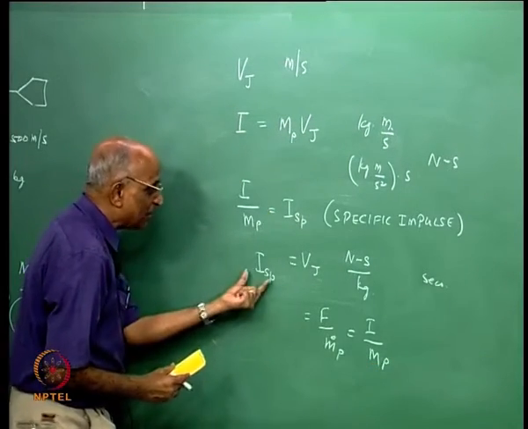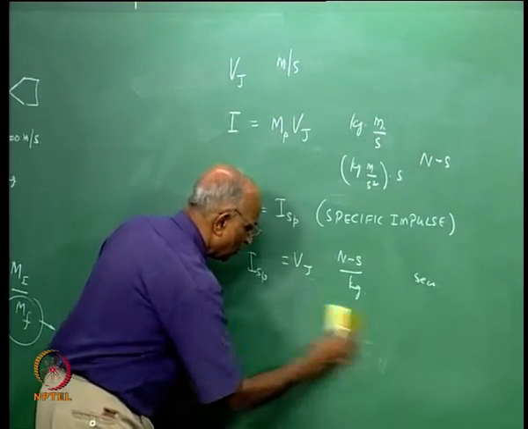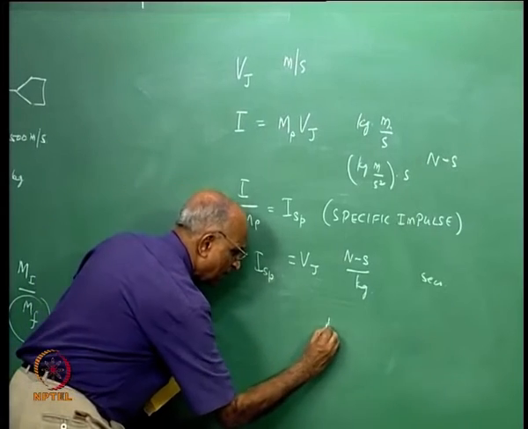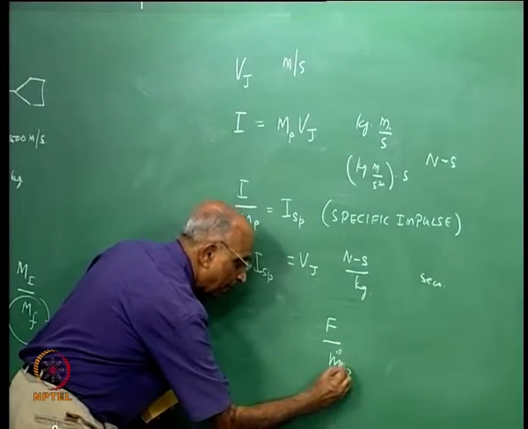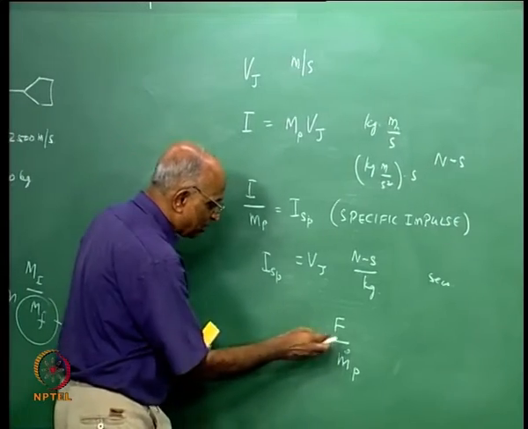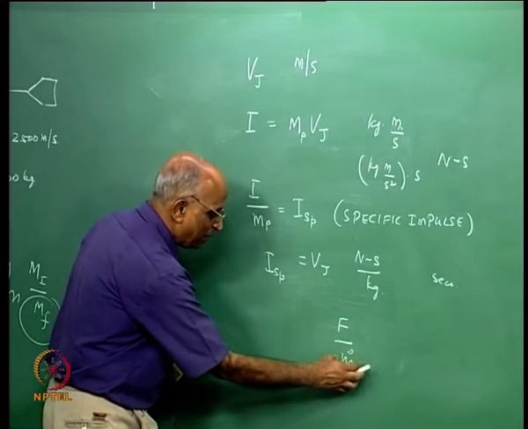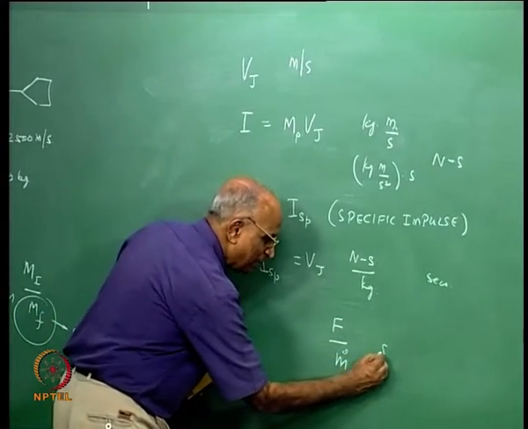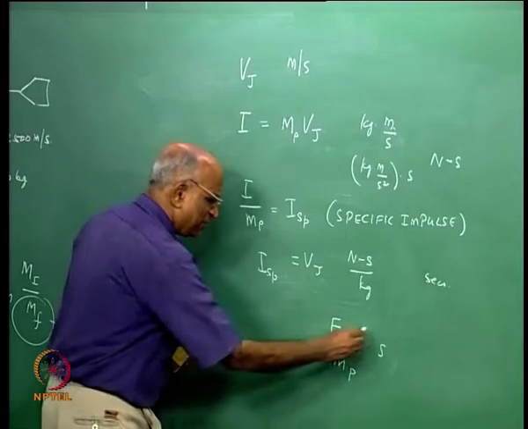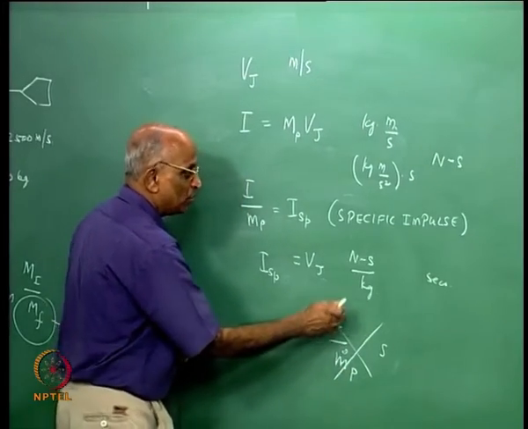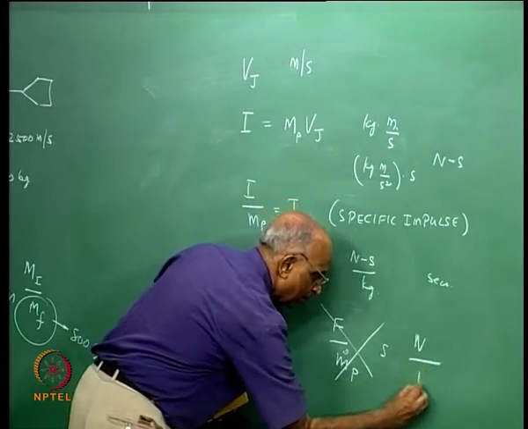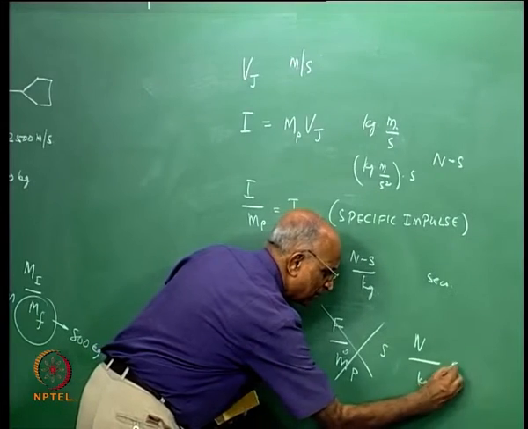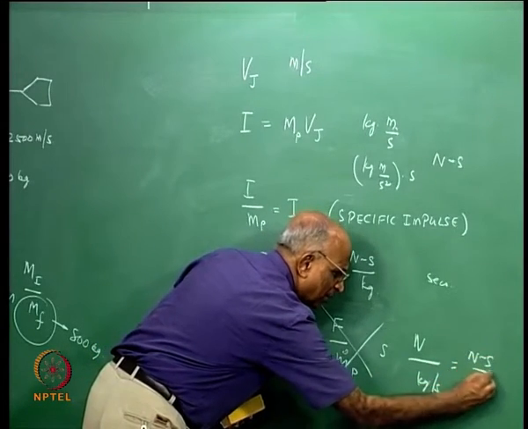Therefore I can also write specific impulse as equal to force divided by m dot p. If I express the force also in kilograms and m dot p in kilograms per second, I am left with a unit like seconds, which is really not right, because the unit of force should have been Newton, and Newton divided by kilogram per second gives me Newton second by kilogram.